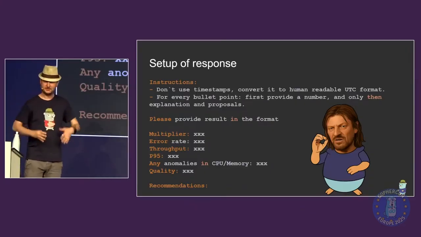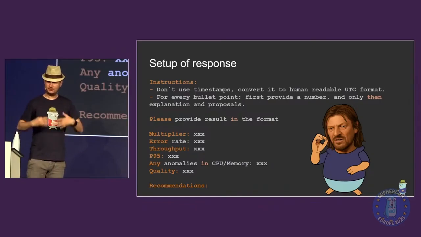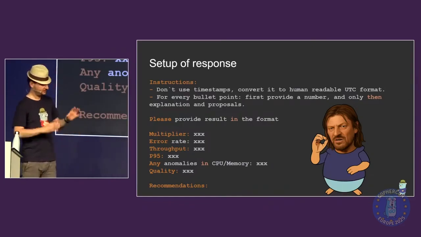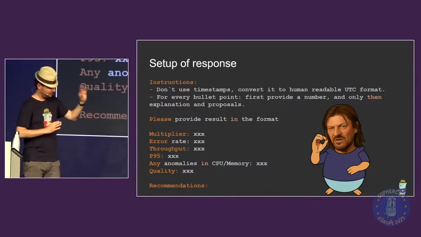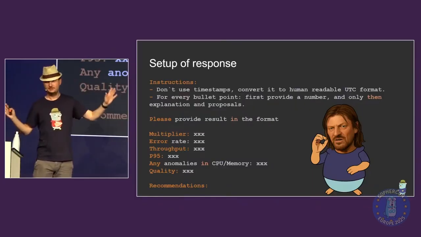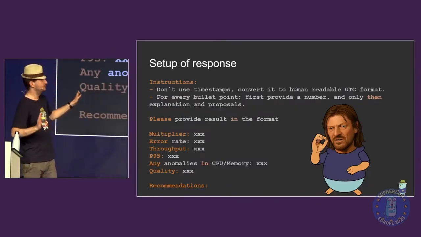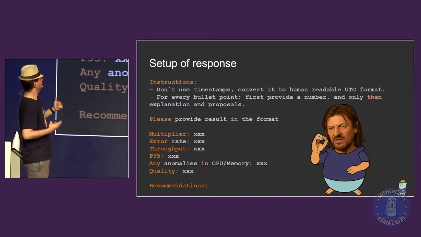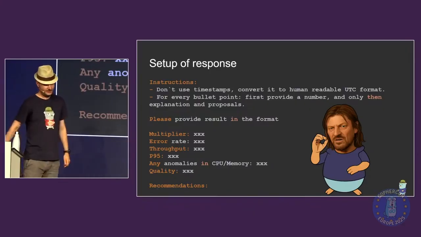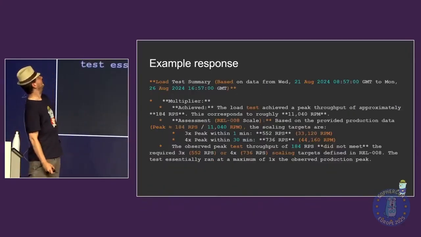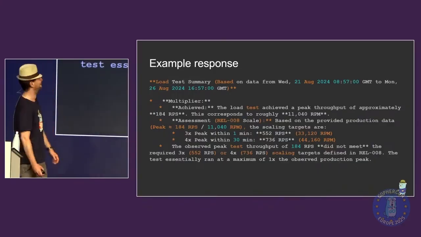At the end, I want to just open the document, find one specific place where we have a number, check this number and say, okay, it's 5x, the load test is perfect. And this is how we set it up. We say, please provide results in this format, only the number and all your recommendations afterwards. And this is how it gives you results.